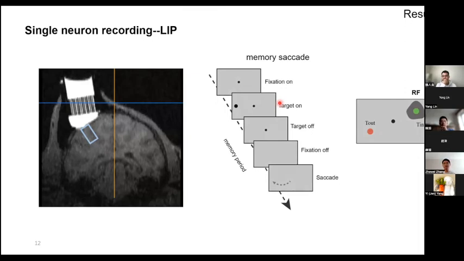During the recording, either the red or the green target could appear in the receptive field of the recorded neuron. We call the target in the receptive field T-in, and the other target, placed in the opposite hemisphere, T-out.